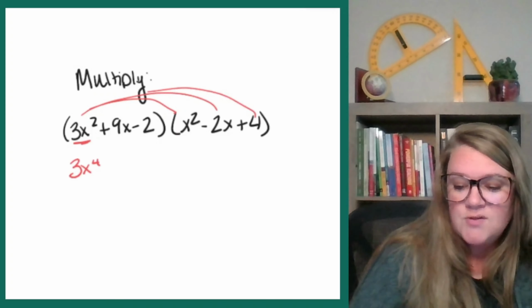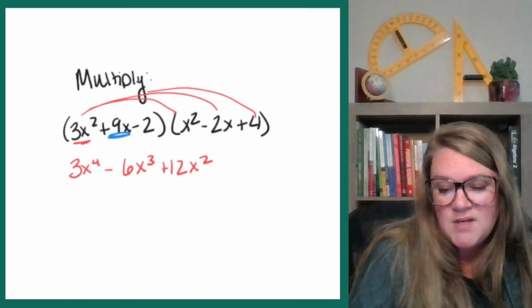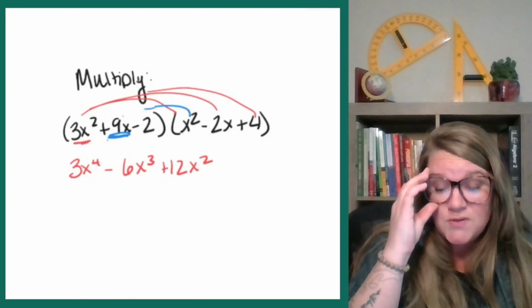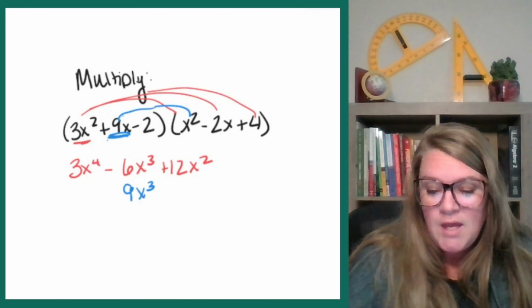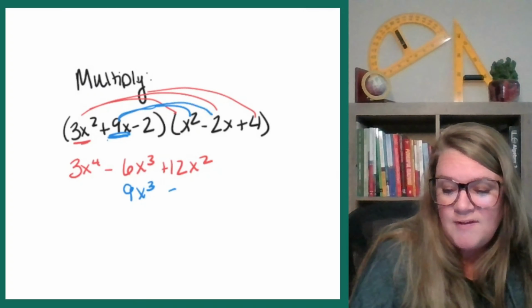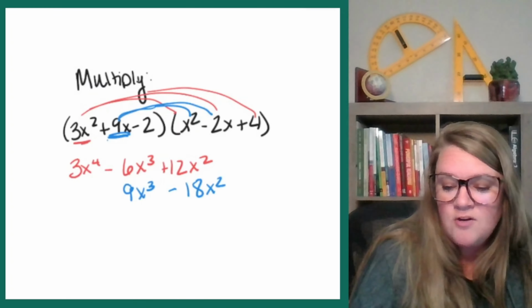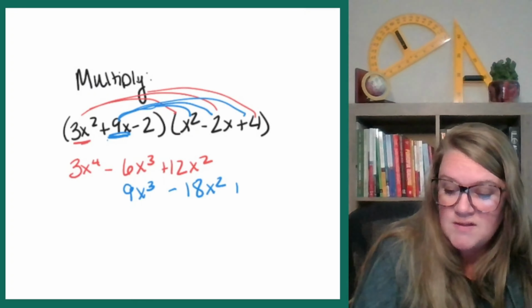Same thing, multiplying it by each term in the second parentheses. 9x times x squared gives me 9x to the 3rd power. Again, you want to stack your like terms. So I'm going to put 9x to the 3rd power right here. 9x times negative 2x gives me negative 18x squared. And 9x times 4 gives me a positive 36x.